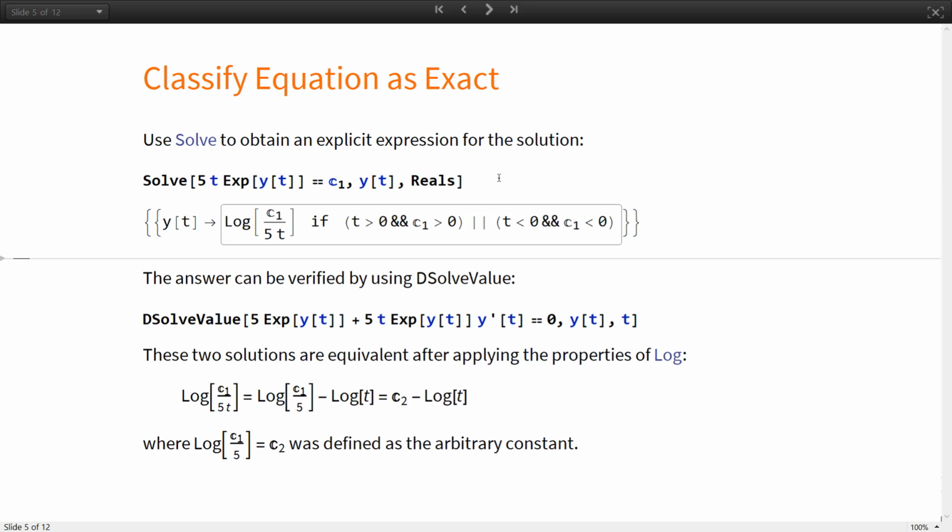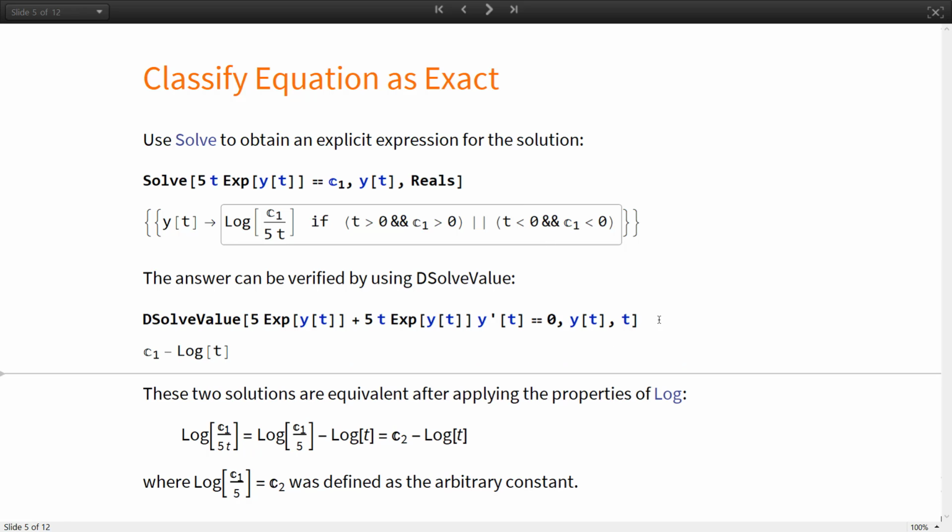This result can be confirmed very easily using the Wolfram Language DSolveValue function. The two solutions can be seen to be equivalent using the properties of log and redefining the constant term log of c1 over 5 as another arbitrary constant c2.